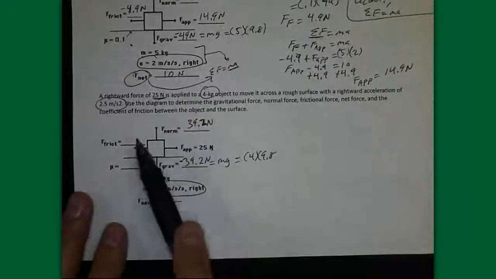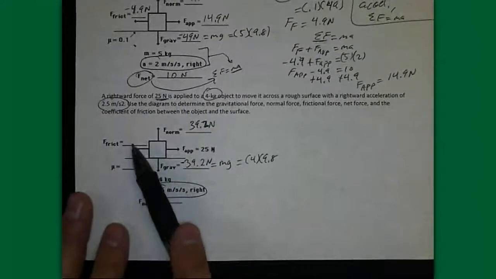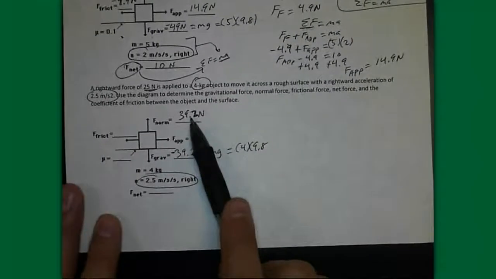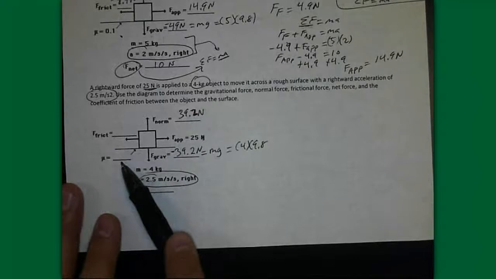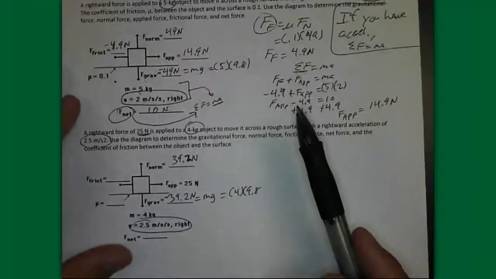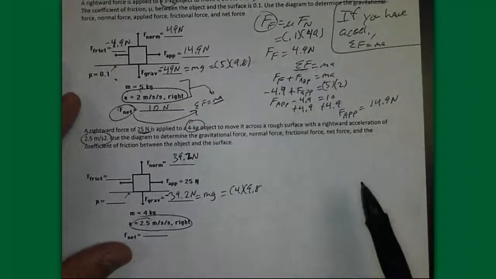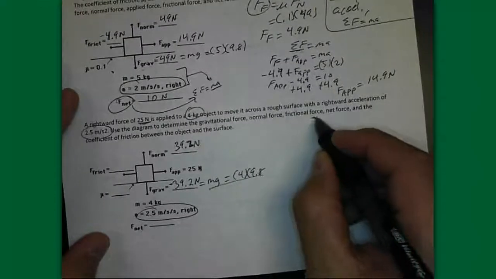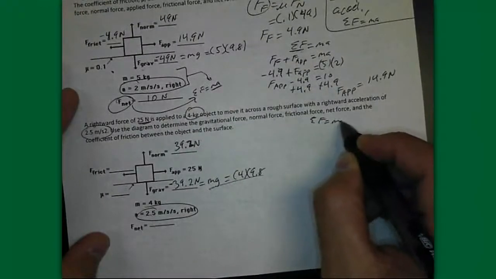Well, in these other two, we found the frictional force, and frictional force was mu times the normal force. Well, we have the normal force, but we don't have the coefficient of friction anymore, so we can't do that. Can't use that equation. And the only place I have left to go, since I've already used mass times gravity, is sigma F equals ma.